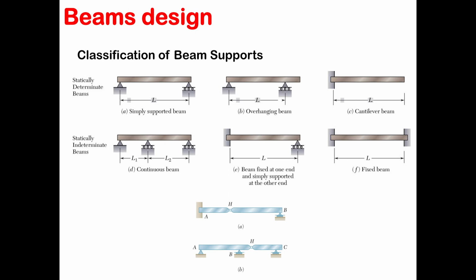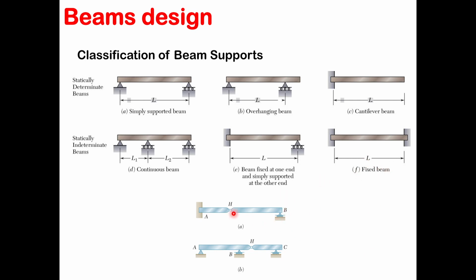A statically determinate beam can be a simply supported beam with these two types of supports, can be an overhanging beam with this type of support, it can be a cantilever beam with this type of support, and a statically indeterminate beam can be a continuous beam with three supports, can be a cantilever beam and a simply supported, can have a fixed support at one end and a simple support at another end, and can be a fixed beam in general.